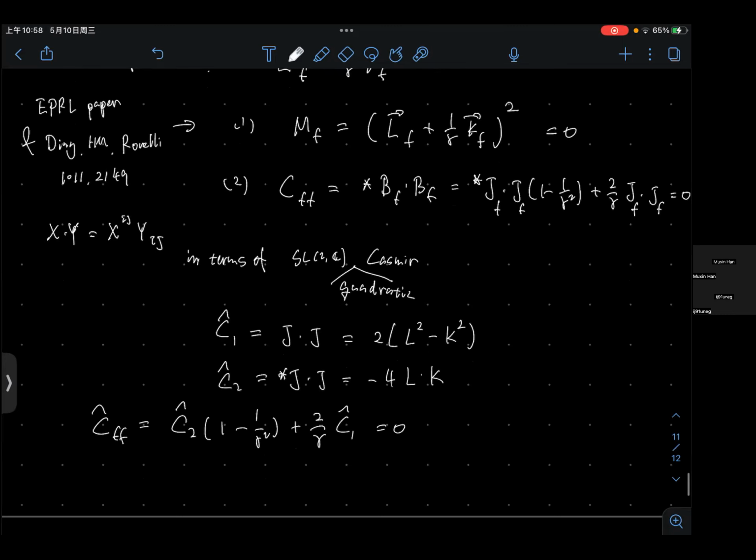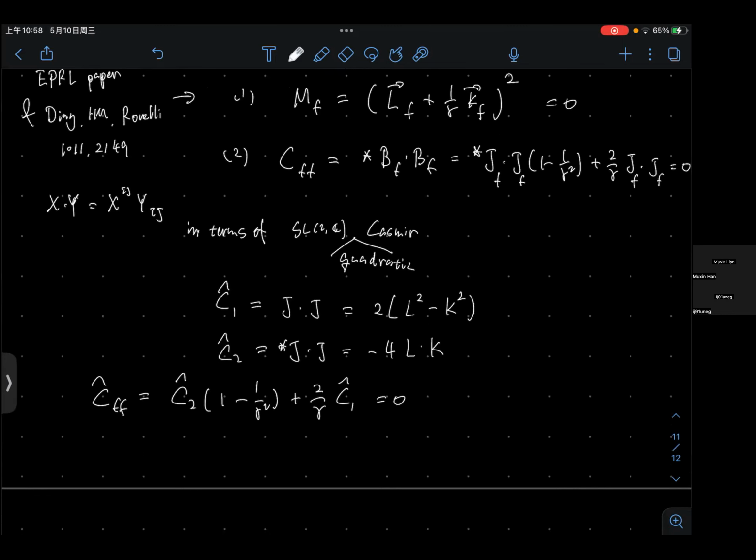And MF equals 0 gives you L squared, 1 plus... The interesting part here is that it also relates to the quadratic Casimir of SU2. This L squared is just the quadratic Casimir L2 of SU2.